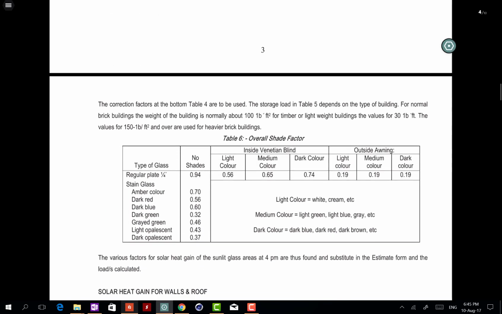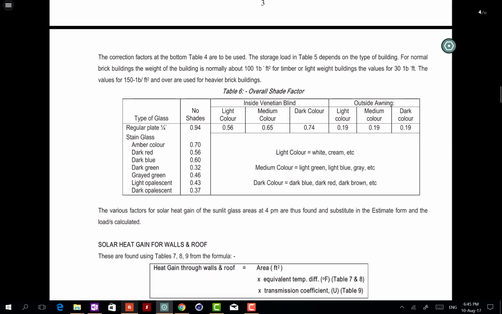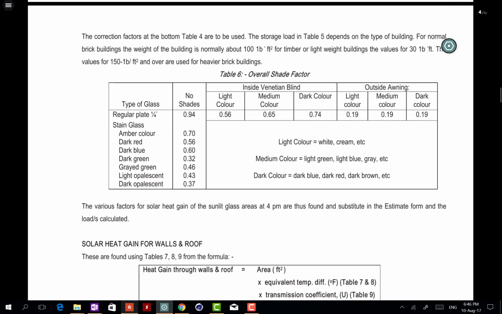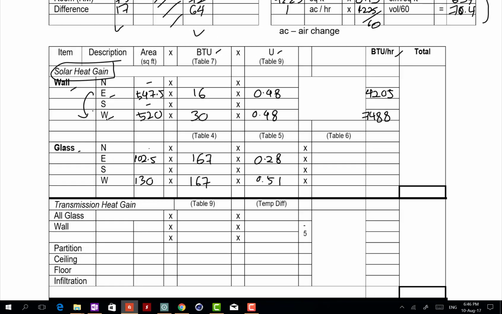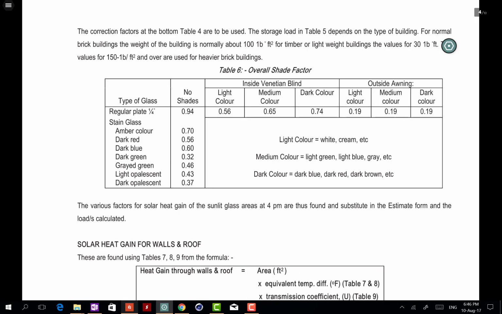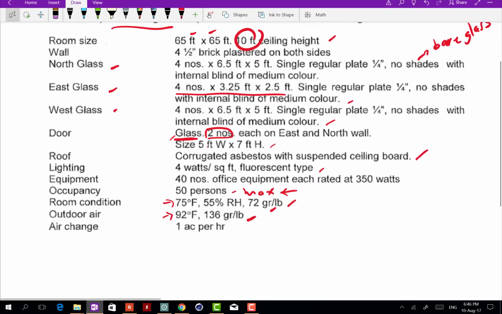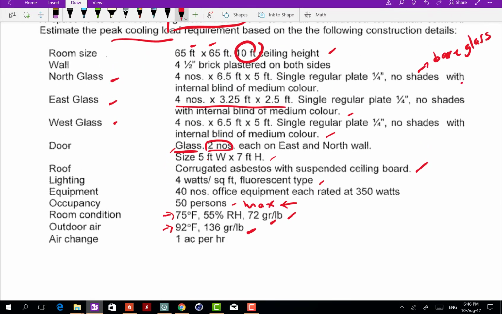Table 6, the overall shade factor. The overall shade factor is based on the inside or outside blind. Alright, so in our case, it already mentioned that we use a medium color. Okay, no shade with internal blind. We use internal blind with medium color.